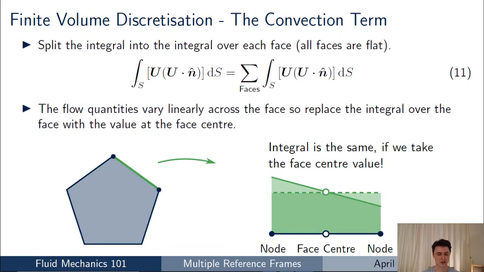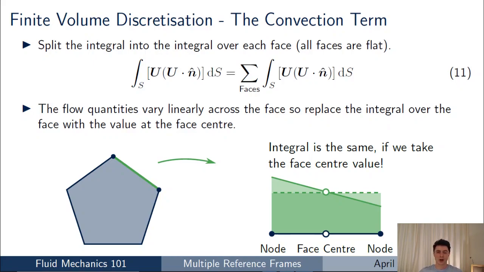So once we've used Gauss's divergence theorem on the convection term, what we can then do is note that for CFD codes, we have cells that have a finite number of flat faces. And because they have a finite number of flat faces, what you can do is split up that continuous surface integral into the summation of the surface integral over each of the faces. And that's the simplification there in equation 11.